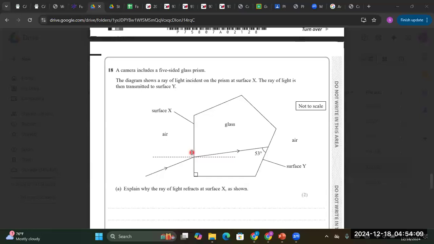Miss, is it because air is less dense than glass? Therefore, yes, when the light travels from the less dense to the more dense, it bends towards the normal.